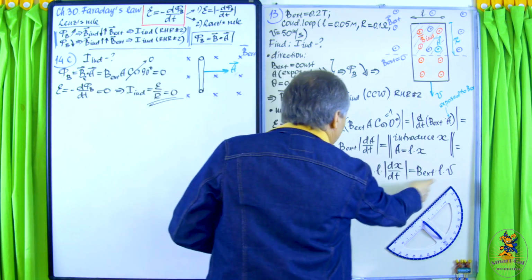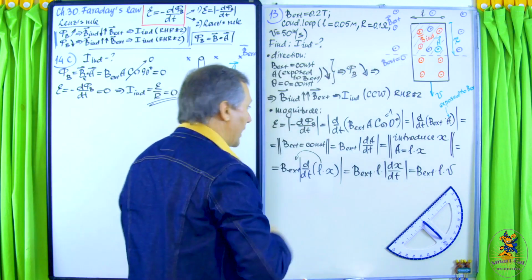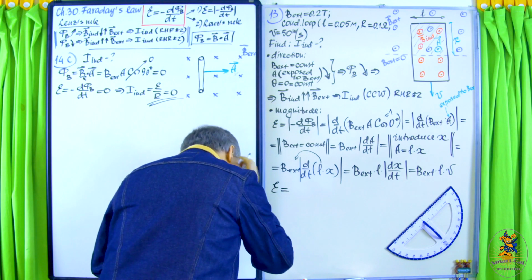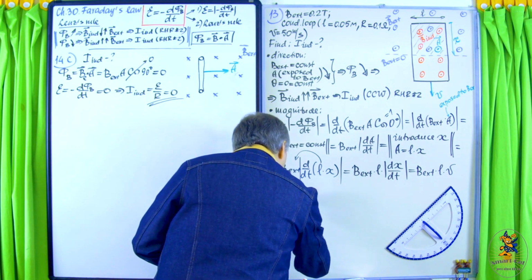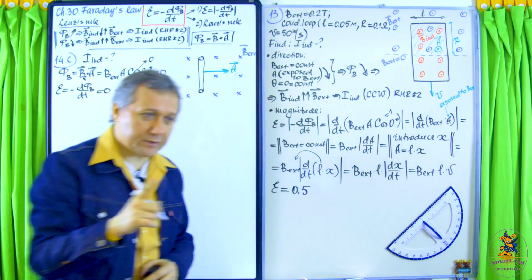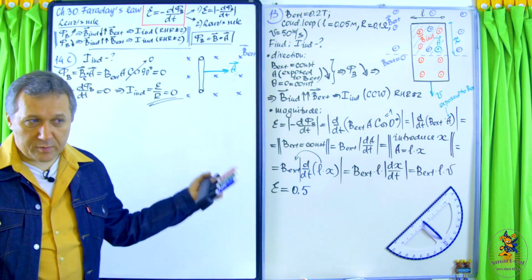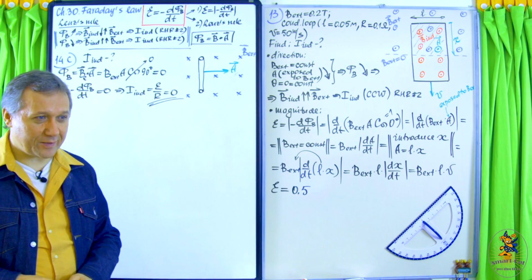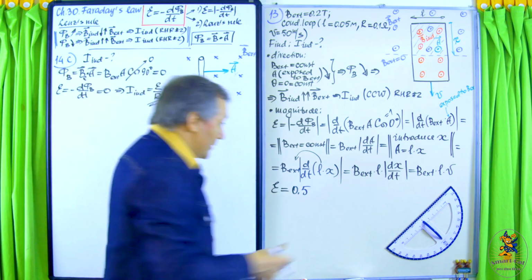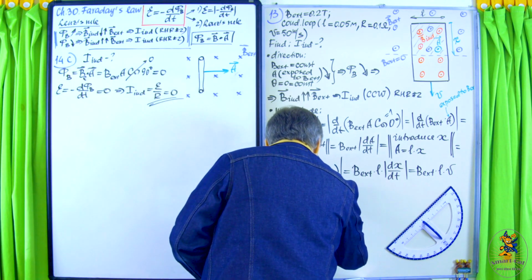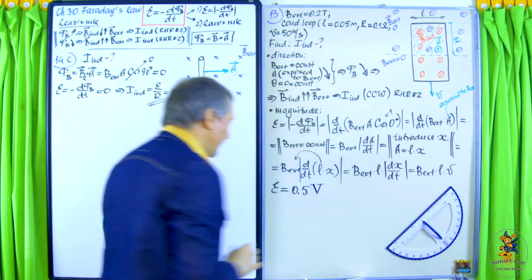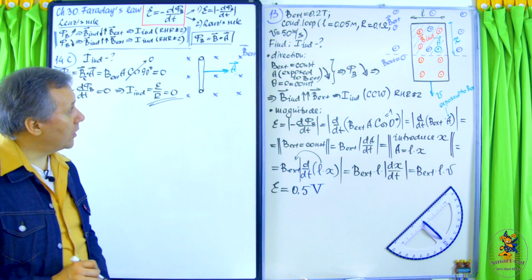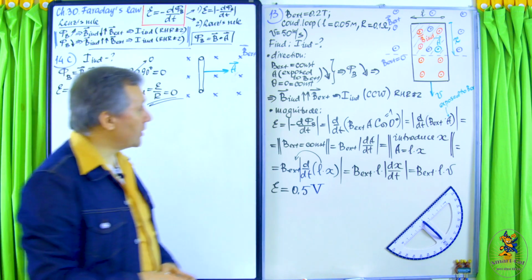Okay, so B is given, L is given, v is given, so plug in, and you will end up with EMF equal to 0.5 volts. It's just EMF, potential difference. Of course, the nature of this EMF is different, but still, potential difference. Okay, and now, of course, what's the value of the induced current?